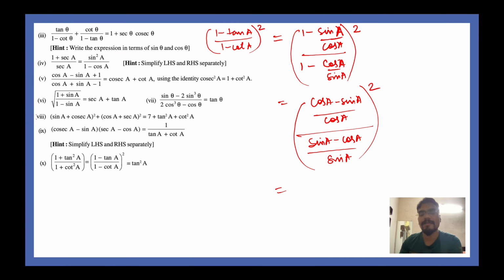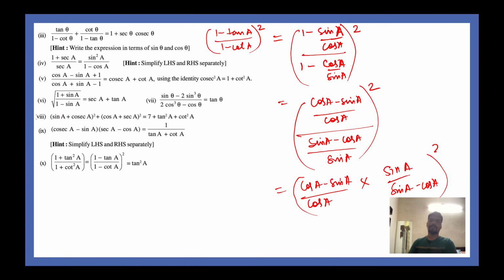Now can I write this as (cos A − sin A) divided by cos A, multiplied by sin A divided by (sin A − cos A), whole square? Is this visible to you? If not, let me write it here.